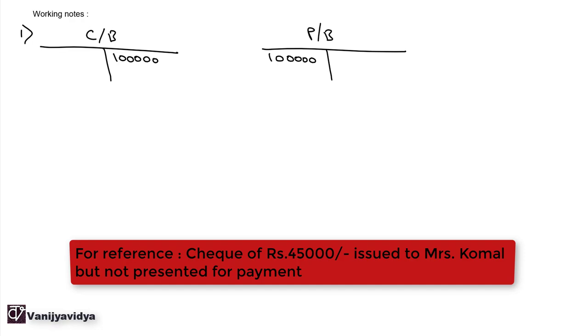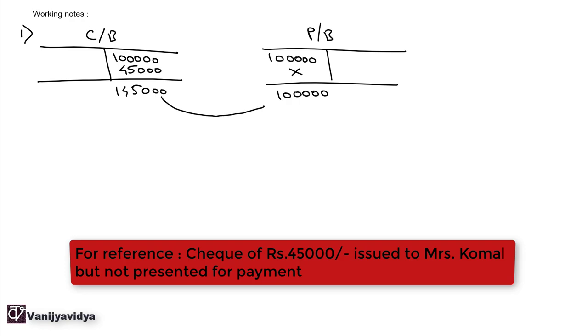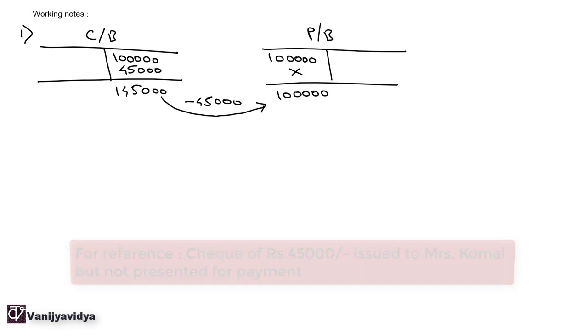Now check issued but not presented for the payment. So it is on the credit side of cash book 45,000. Passbook there is no entry. So 1,45,000 as per cash book, 1 lakh as per passbook. We are moving from cash book to passbook. So we have to reduce 45,000 in bank reconciliation statement.